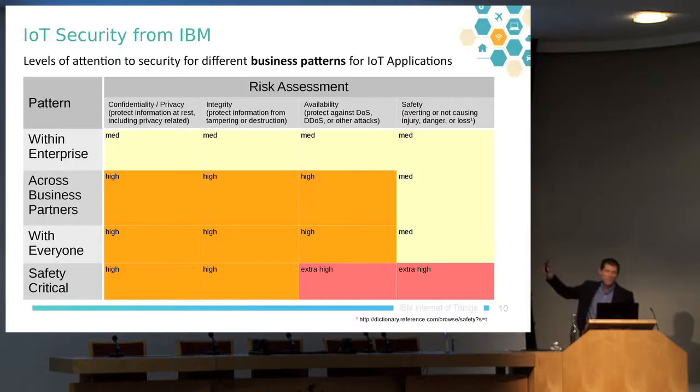That doesn't mean you don't pay attention to security when you're connecting in the enterprise. It's just that your level of risk is probably a little bit lower. The information that you're using is a little bit different, and you can pay attention in a different way to the level of security you're applying to these environments.